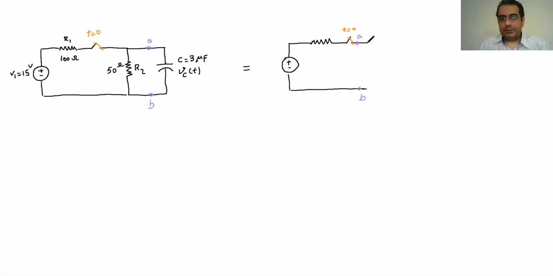Let's bring them a little bit further away here. So it's going to be our capacitor here, and it's going to be that 3 microfarad. And we see VC over time.